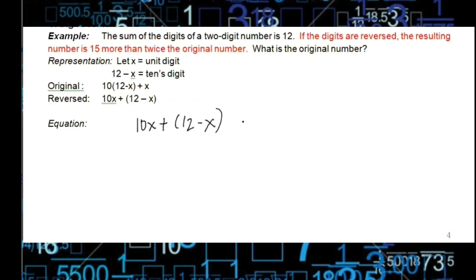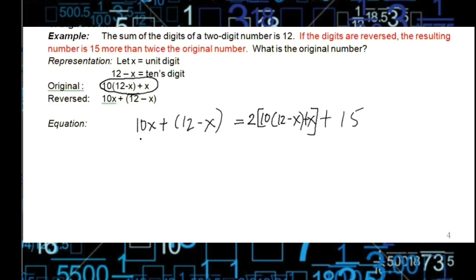Okay? That is equal to twice the original number plus 15, or 15 more than twice the original number. So what is our original? 10 times 12 minus x plus x. O, that is the equation.